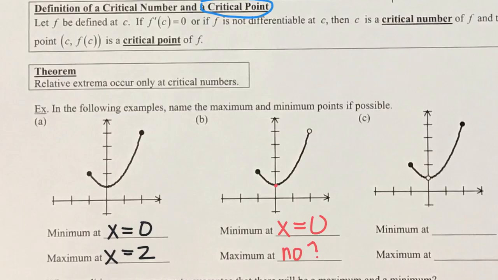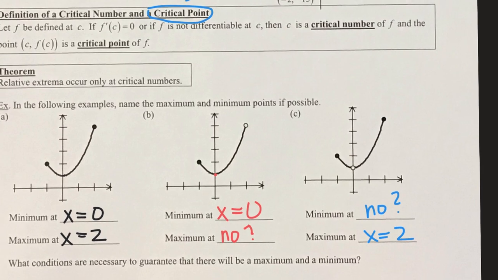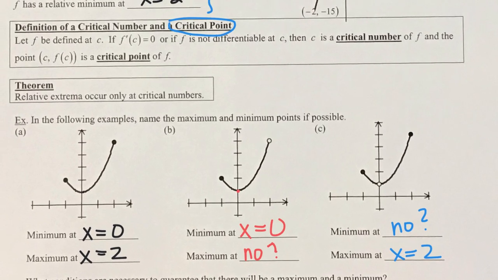Interesting. All right, what about our third one? Where does this one have a minimum? No? Does it have a maximum? At x equals 2. So why does number 1 have a min and a max, but letters B and C don't?